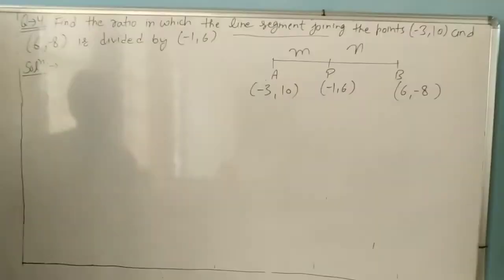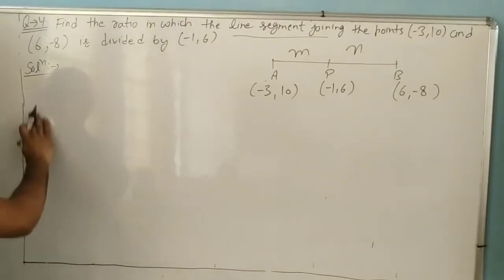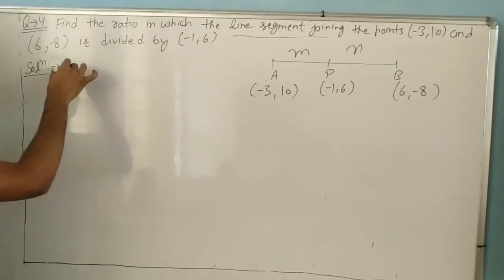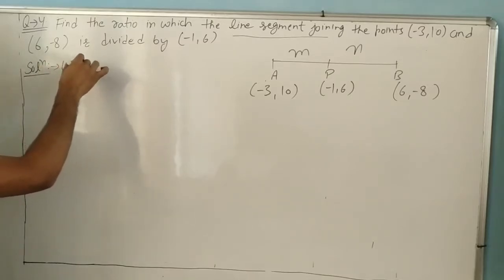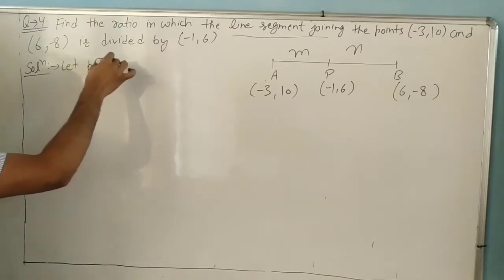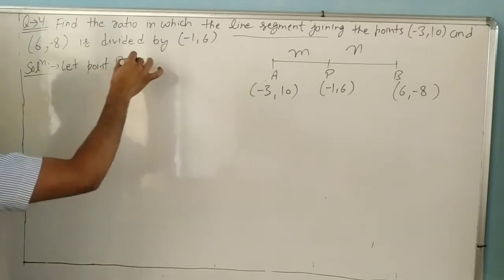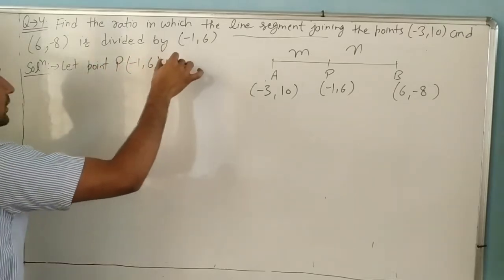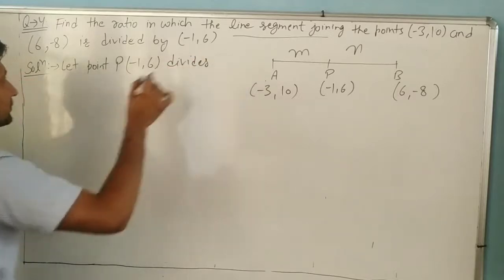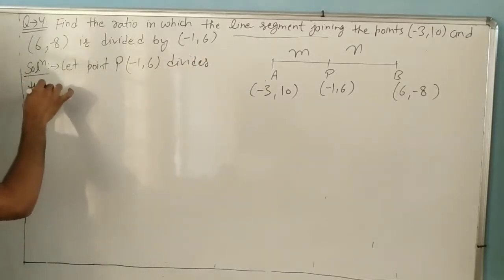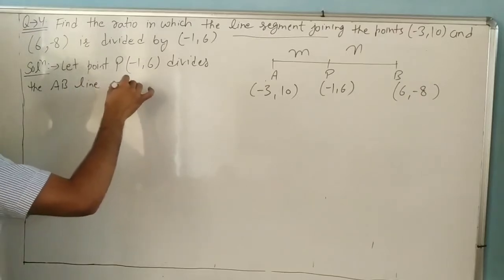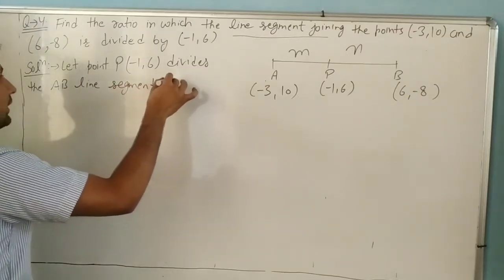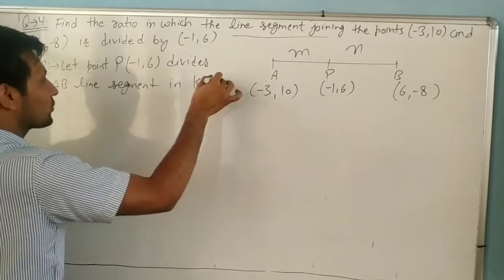Now look, we will write: point P. First always let point P, what is P? (-1, 6) divides the AB line segment in K:1.